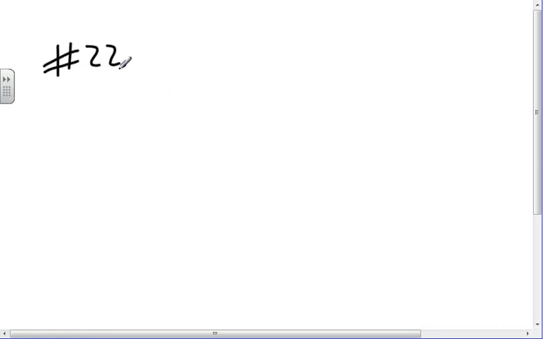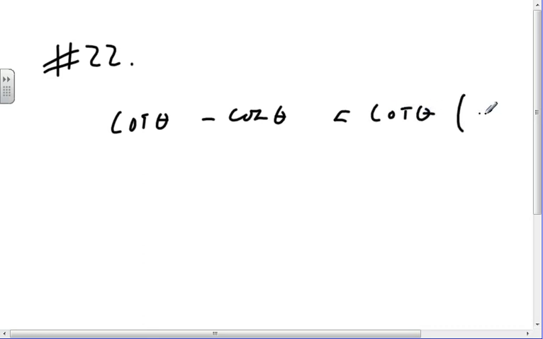22. So what we're doing is we're changing everything to sines and cosines, and then trying to make one side look like the other. Okay, so we have cotangent theta minus cosine theta is supposed to equal cotangent theta times 1 minus sine theta.